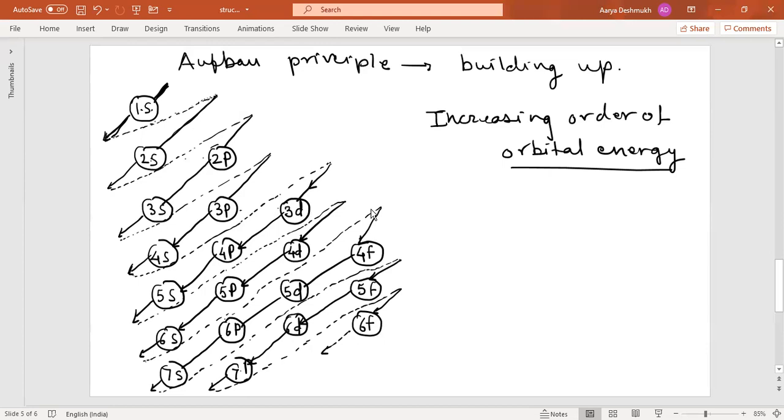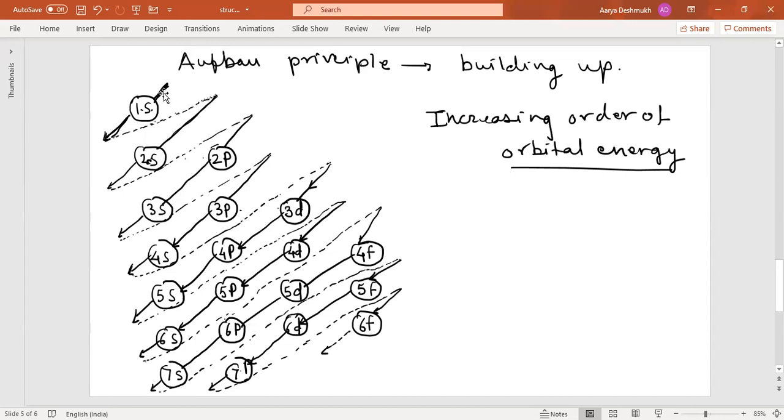After this 1s, what will come? 2s. Then what is there? 2p. Then 3s. After this 3s, you go through 3p. Then 4s. After this 4s, go up. There will be 3d. After this 3d, 4p. Then 5s, and so on. You just follow this path. This is very important.